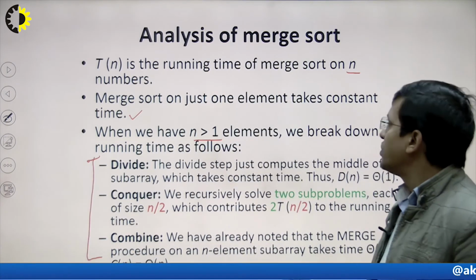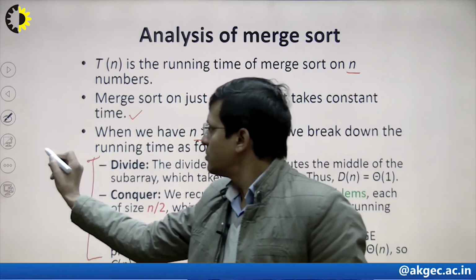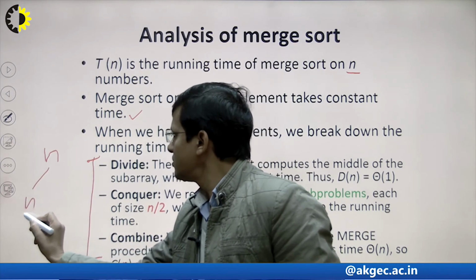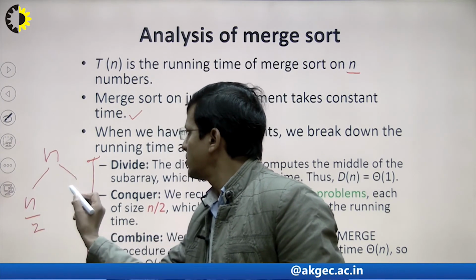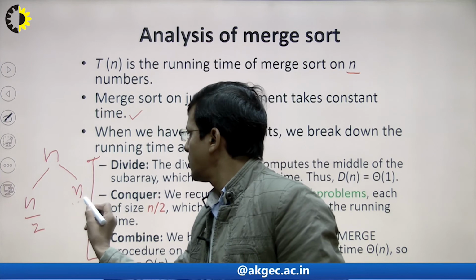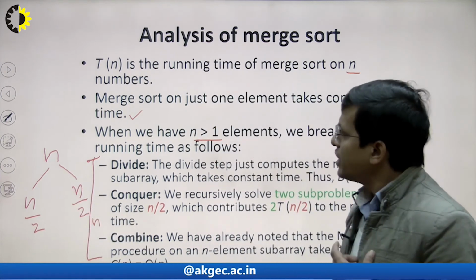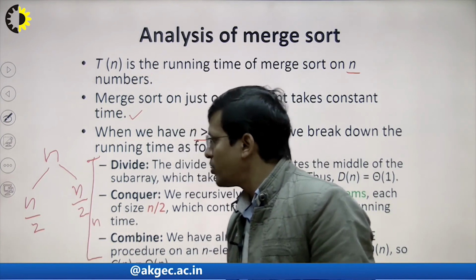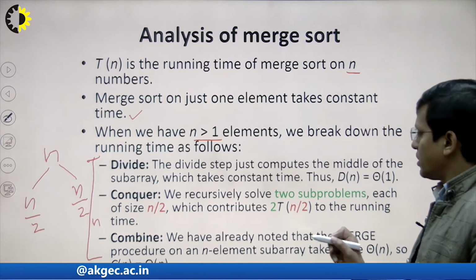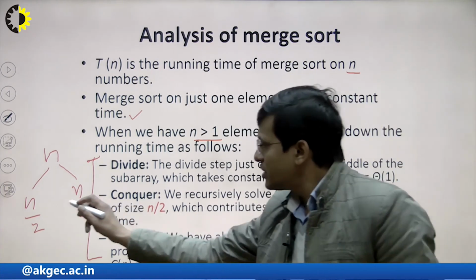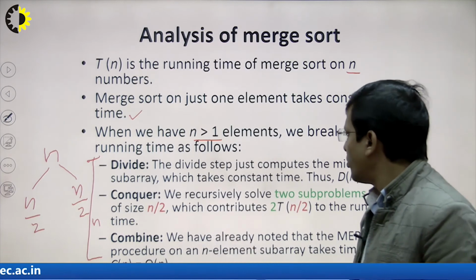So first of all we have to divide this problem into 2 parts, right? And then we try to solve the problem recursively, because the conquer approach comes here, right? And now we have to combine the solutions.